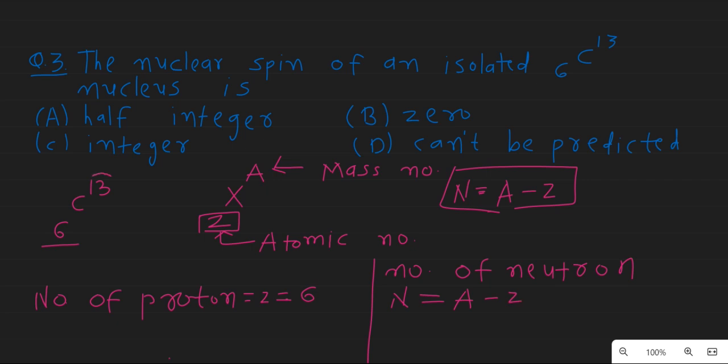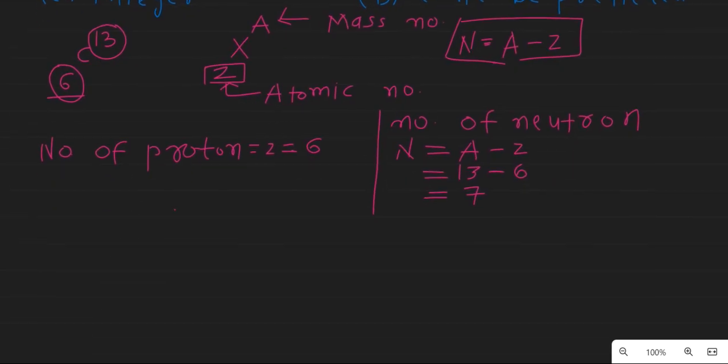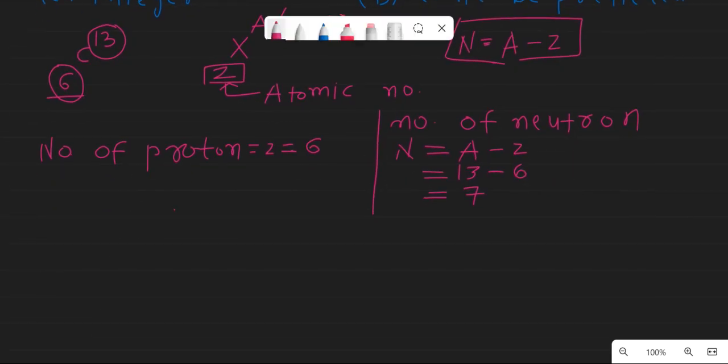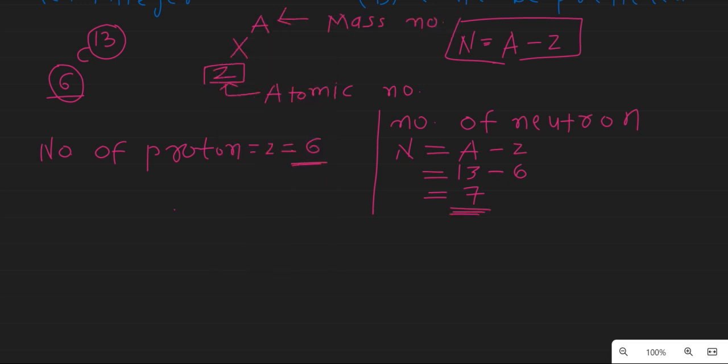Here A is 13 and Z is 6, so it will be 13 minus 6, which equals 7. So you can see the number of protons is even and the number of neutrons is odd.